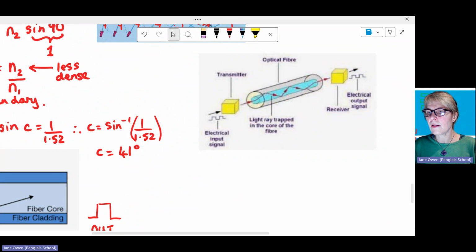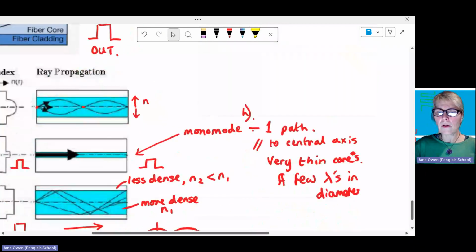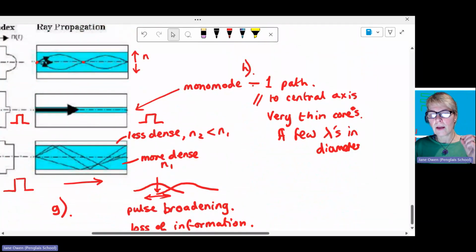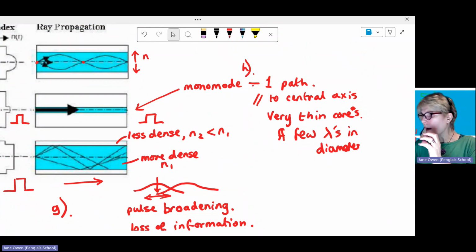You've got your transmitter sending the signal down and the receiver picking it up, and you can see how it goes down through the fiber optic. But it's a problem if they take lots of different routes. In fact, good fiber optics only have a very high critical angle, so it forces it into one route.